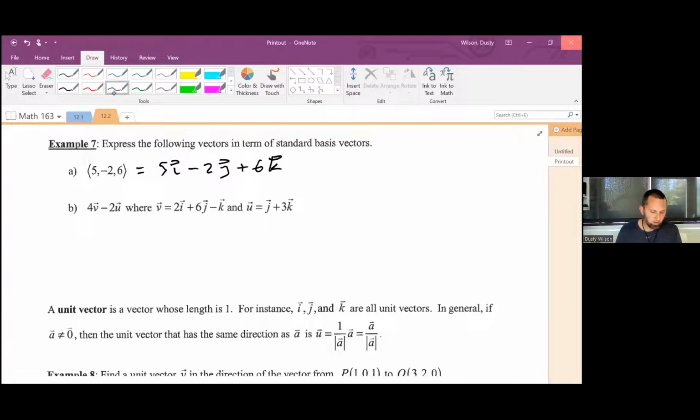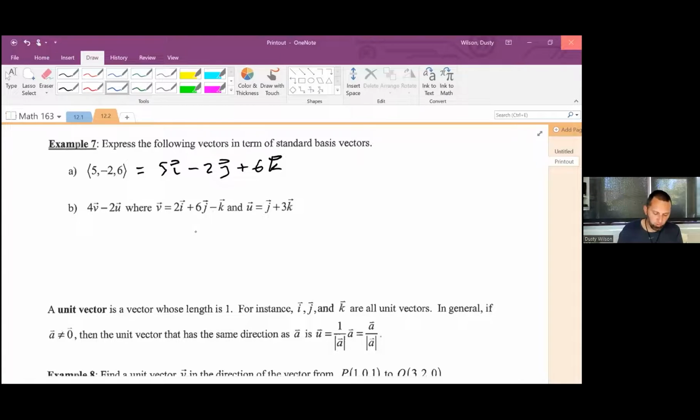And in B, we have 4v minus 2u, where v equals 2i plus 6j minus k, and u equals j plus 3k.